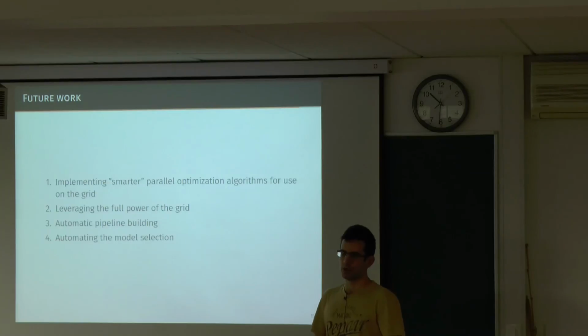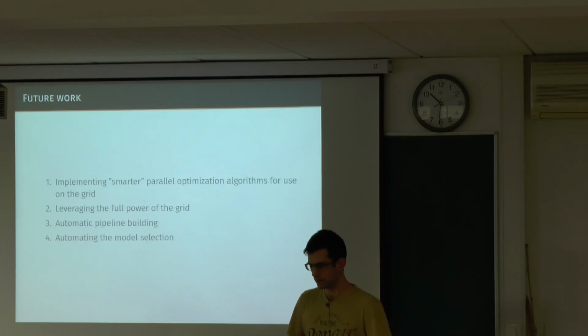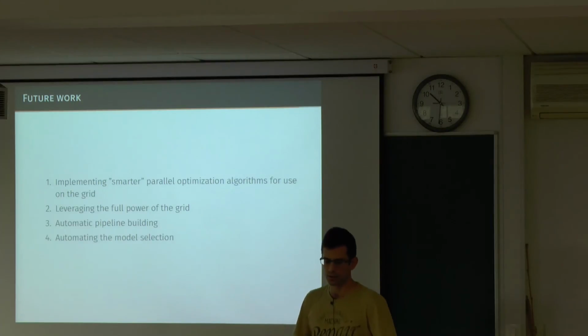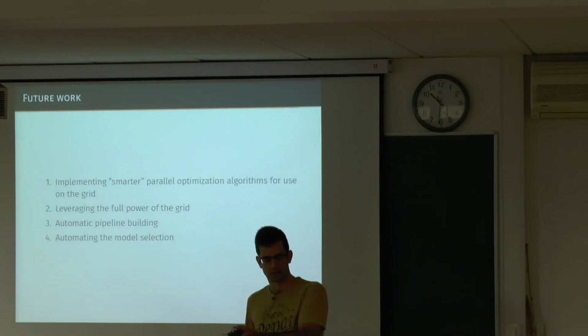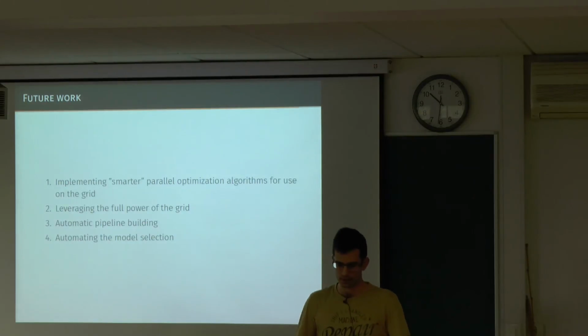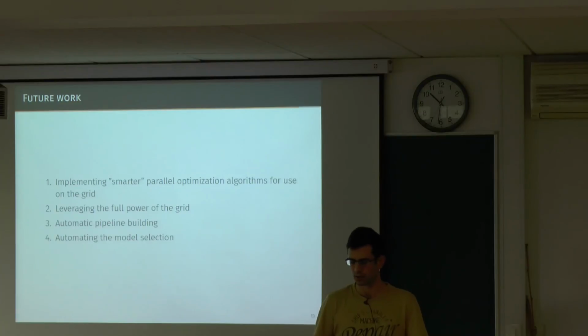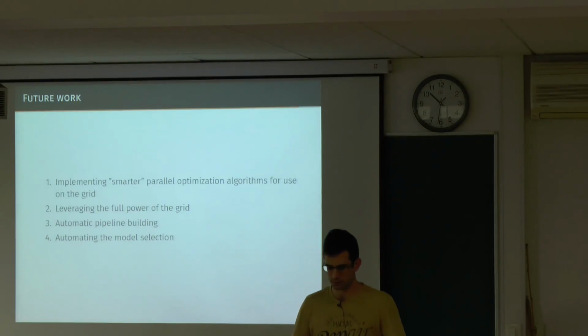We could advance the model selection with automatic pipeline building, so not only the algorithm and the parameters, but also pre-processing steps, combining multiple models and so on. And we would like to maybe develop a tool that would automate all of this.